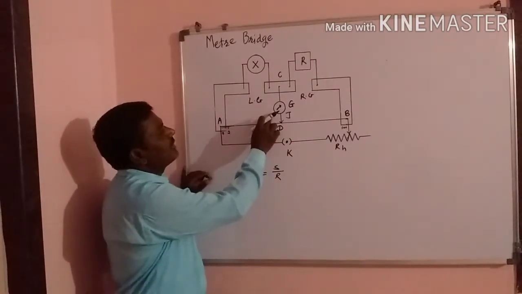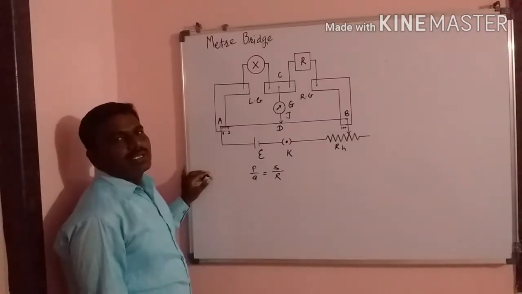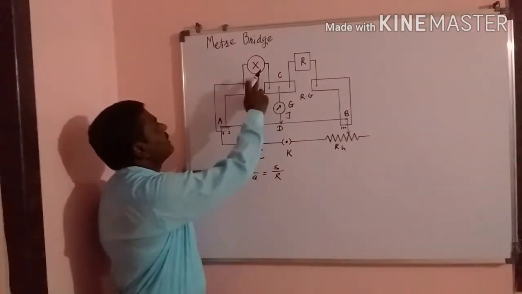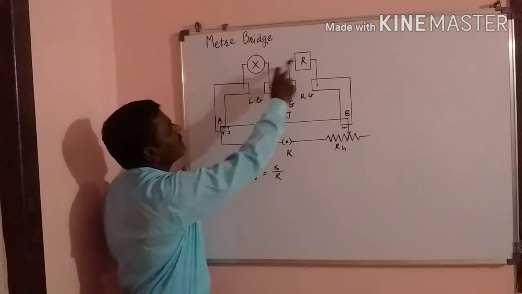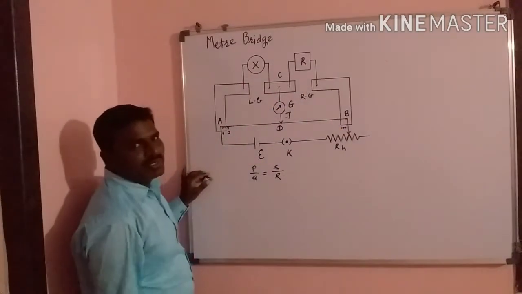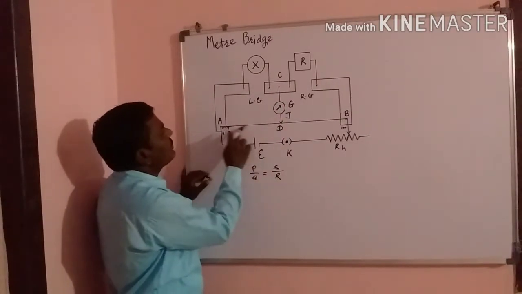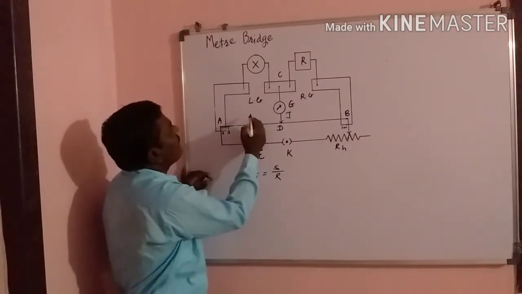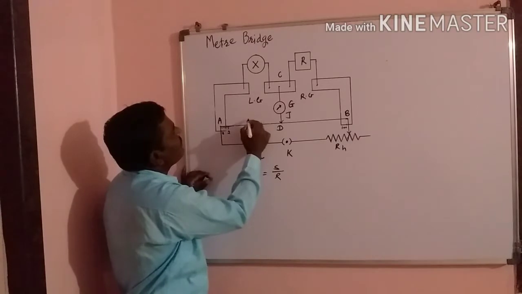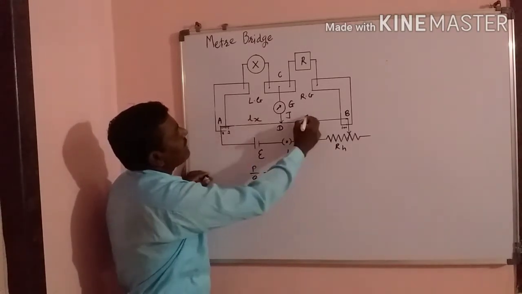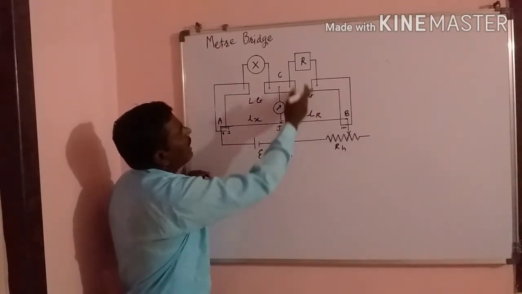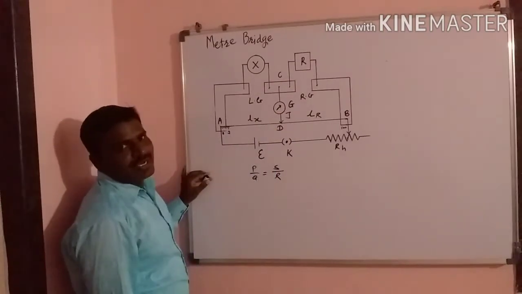If there is null deflection in the galvanometer, then X is the unknown resistance, R is the known resistance from the resistance box, the length along the unknown resistance is called Lx, and the length along the known resistance is Lr.